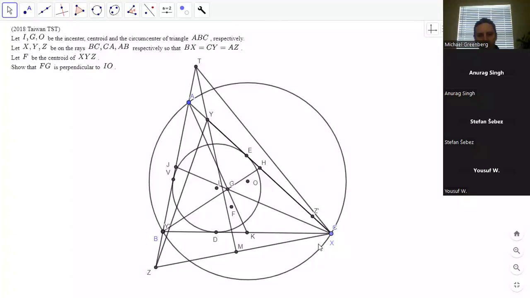So BT equals BC and CY equals BC. And we want to show that TY is parallel to FG. I wonder if that's just a vector calculation.